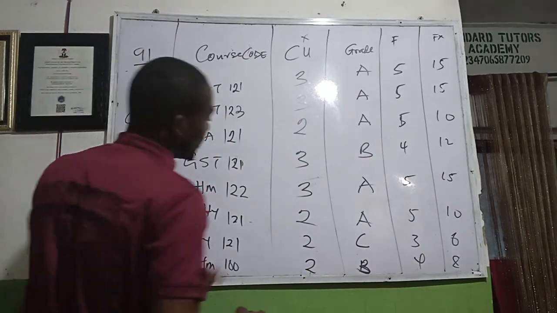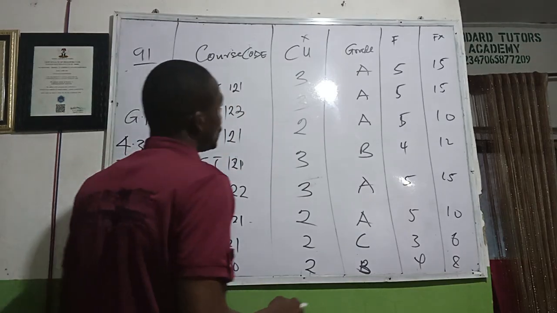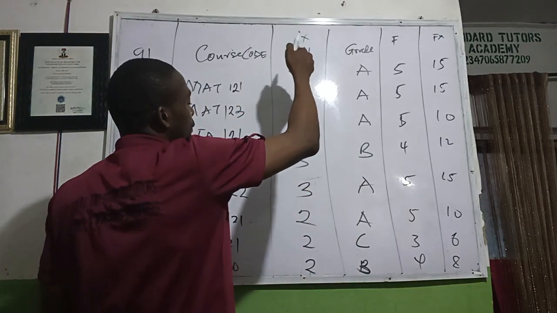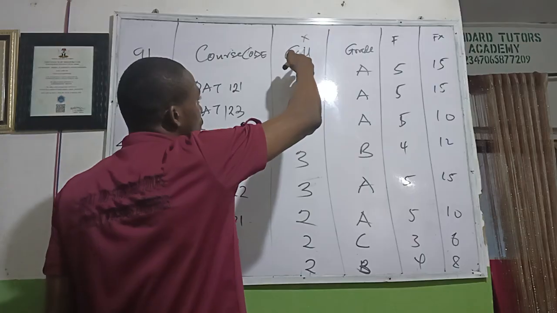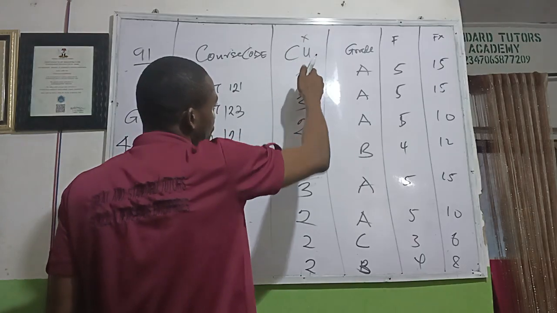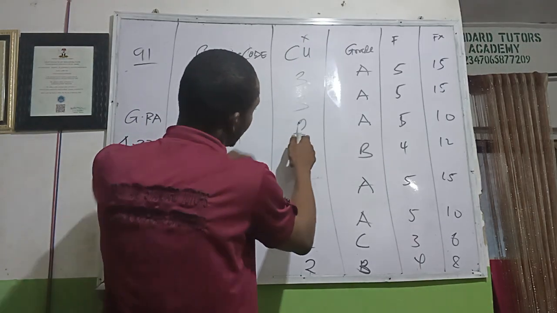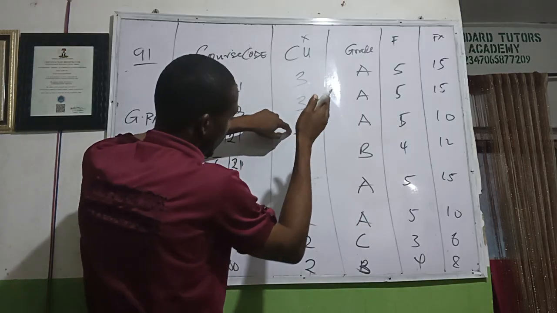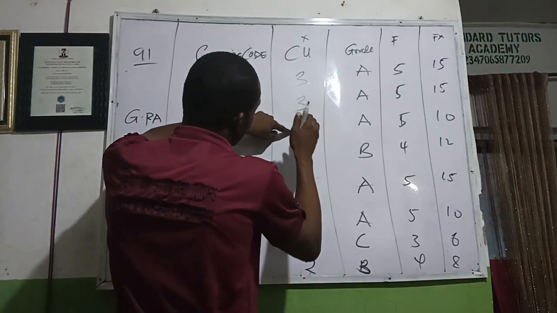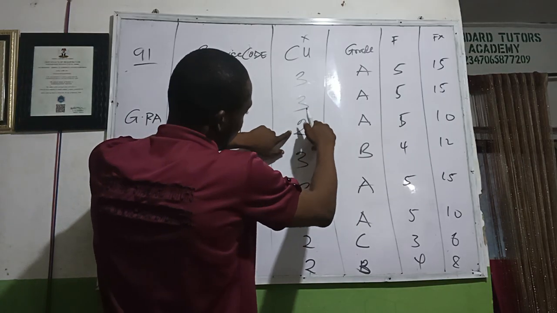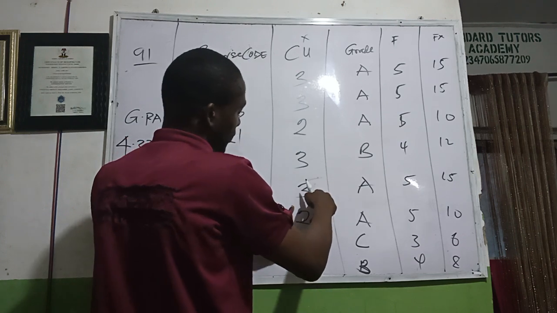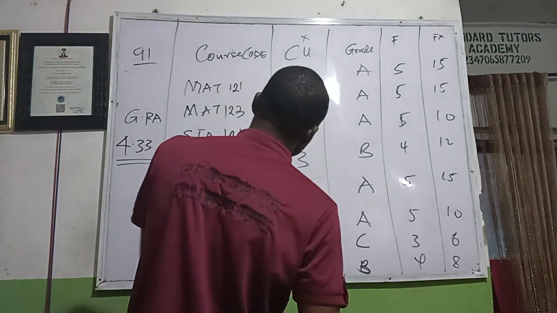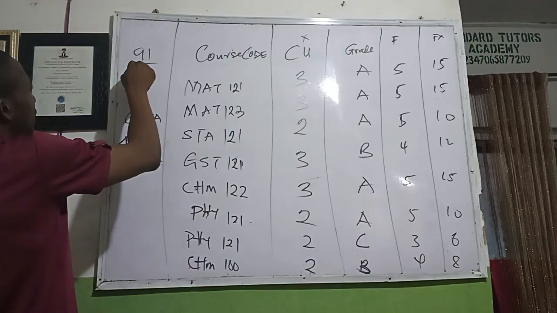Now let's add up the credit load or the credit unit. We have 6, 8, 14, 20. So that's divided by 20.